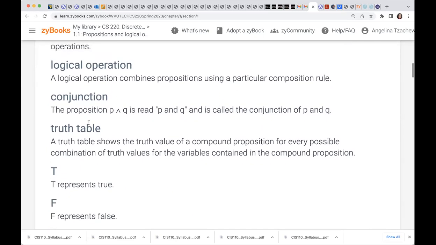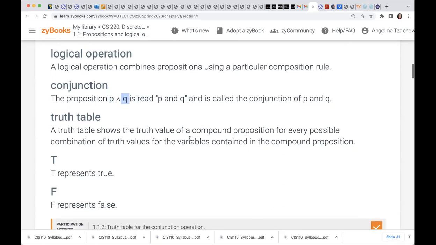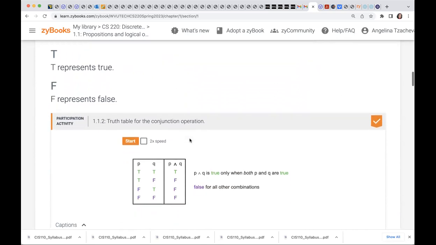Now we need to know whether each one of those is true or false, the ones that we are combining, right? So P, Q, and if we have others, X, Y, Z, we need to have some sort of a table that indicates whether those are true and false for all of our propositions.